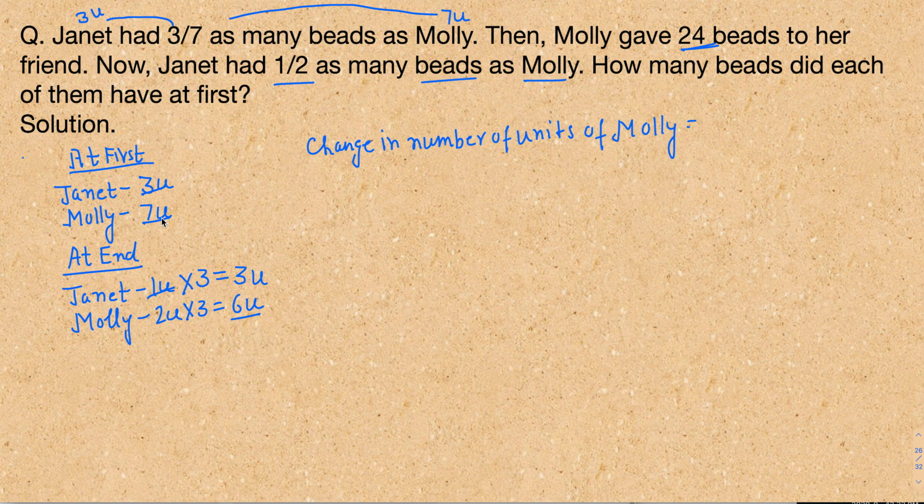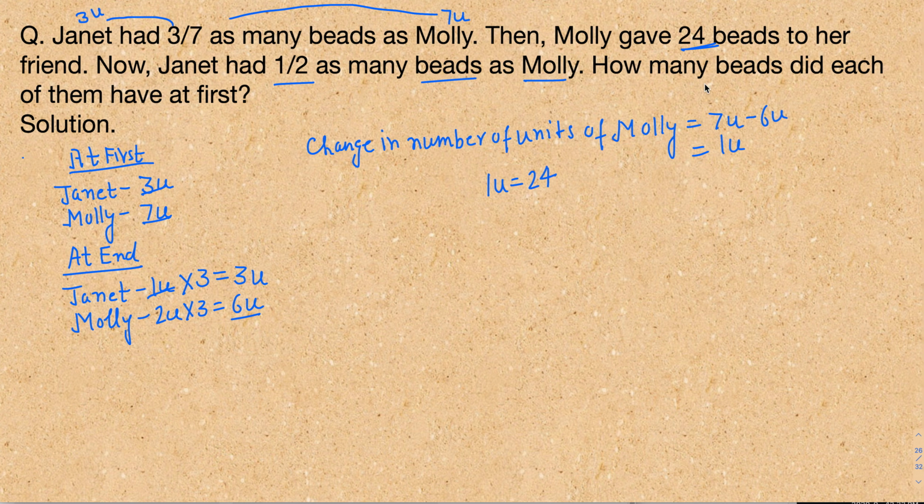Earlier it was 7 units and later it became 6 units, so the change is 1 unit. And this 1 unit is equal to 24 beads. So 1 unit is 24. Now we have got how much is 1 unit.